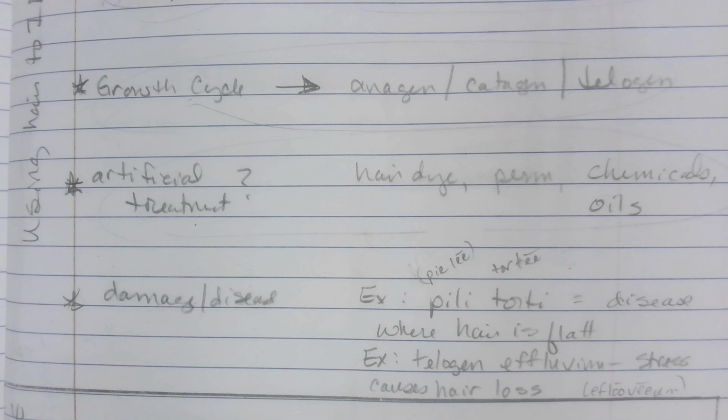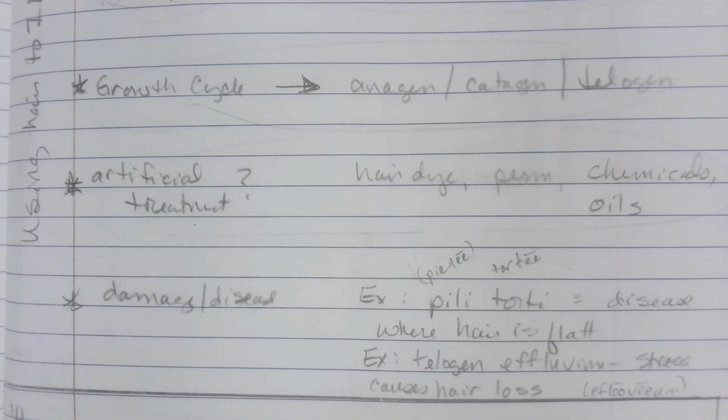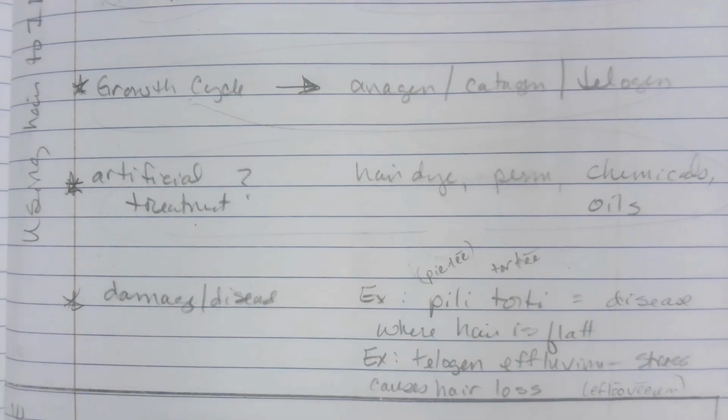Pili torti, my lovely little pronunciation guides here. So Pili torti, that's how we pronounce this. That's a disease where the hair is flat. Because that hair is flat instead of rounded, whenever it gets twisted, it makes it more brittle and much more likely to break and fall out.